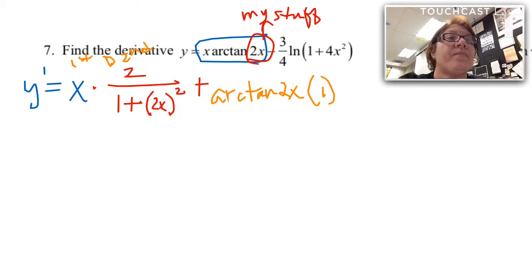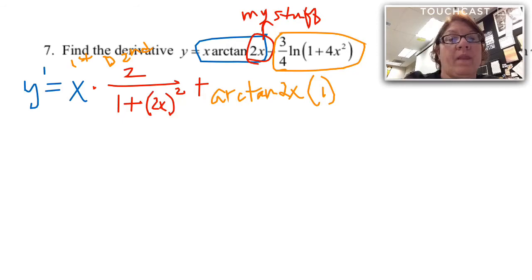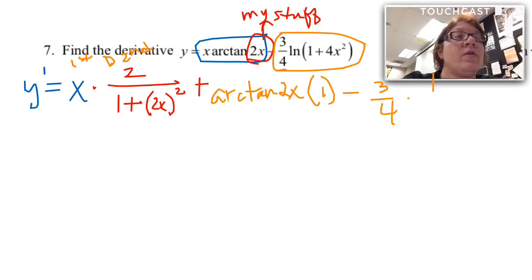And then over here, my 3/4 is the coefficient, and then natural log, remember I'm supposed to do 1 over the stuff. The stuff there is the 1 plus 4x squared, and then times derivative of the stuff, which would be 8x.